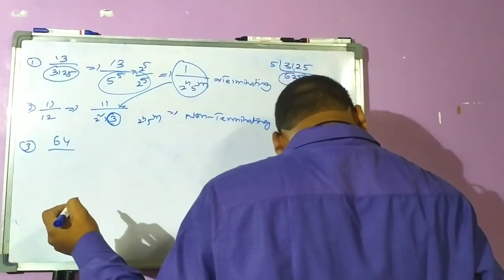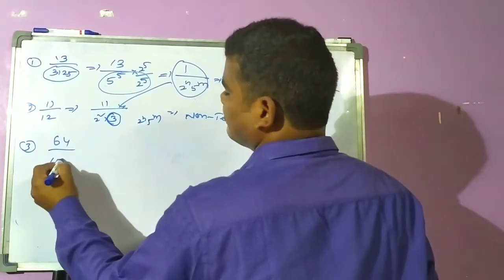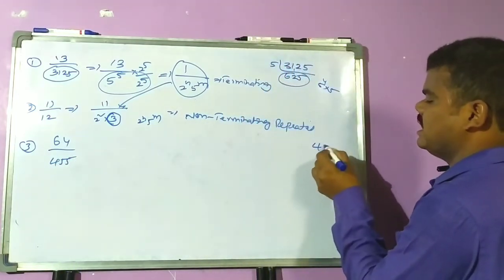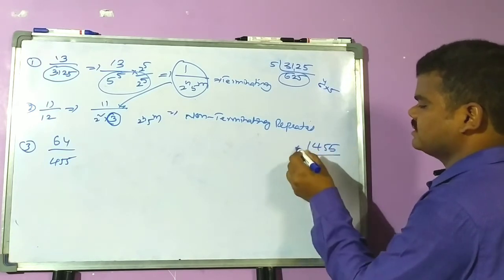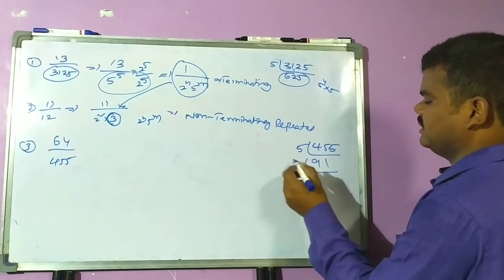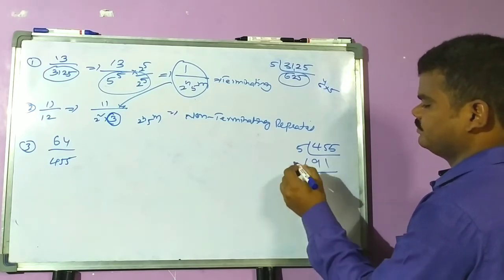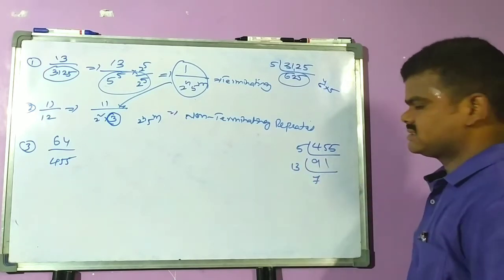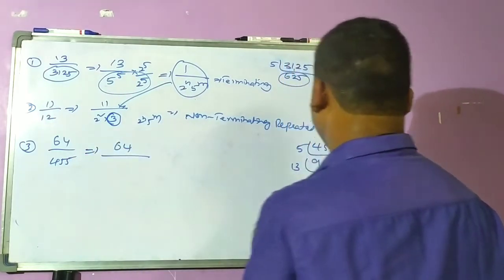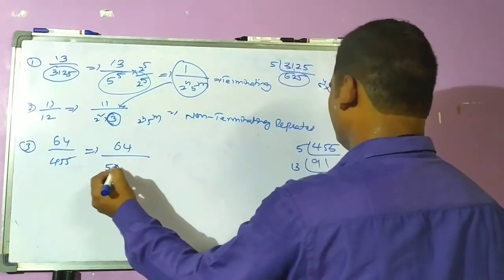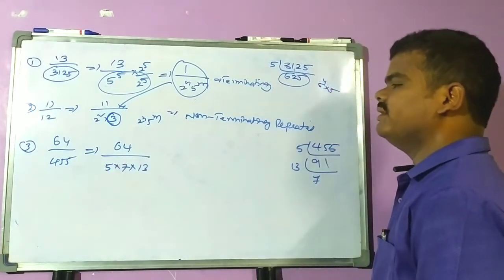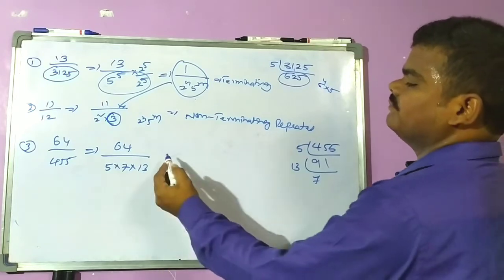Third one, 64 by 455. 455 can be expressed as a product of primes, 5 into 7 into 13.